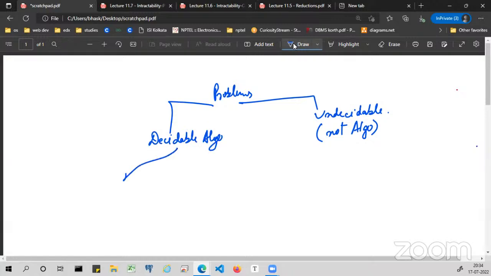Okay, and within this we have two categories, which are fast or polynomial time, and the other one is slow.